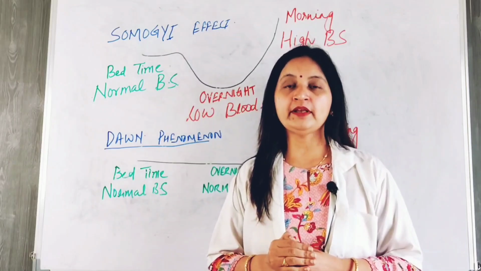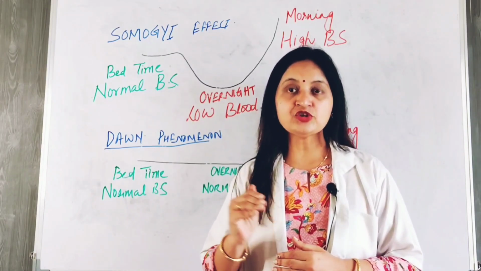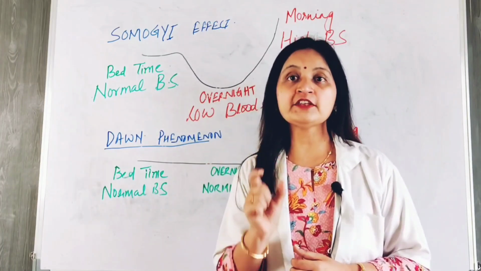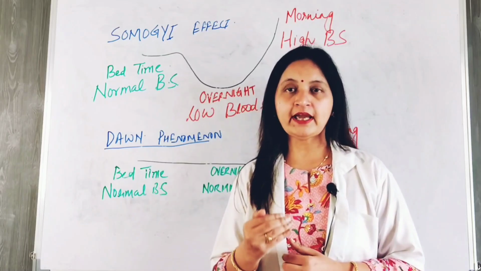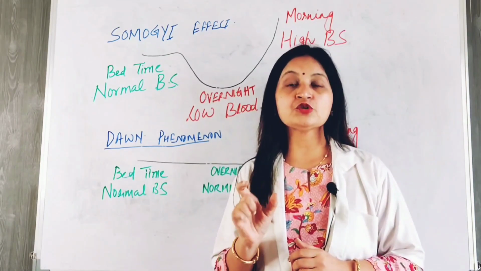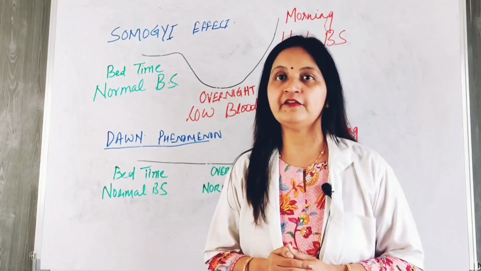Whereas in Dawn's phenomenon, the blood glucose level is normal in the night time and gradually increases from 2 a.m. to 8 a.m. and this is due to physiological secretion of hormones such as the growth hormone, catecholamines and other hormones. So in Dawn's phenomenon, there is no preceding hypoglycemia unlike Somogyi effect.